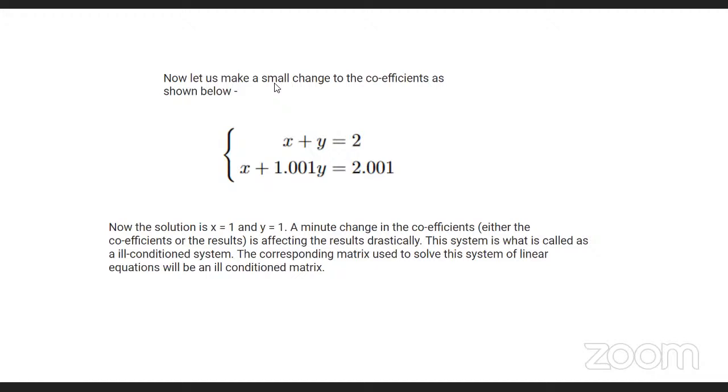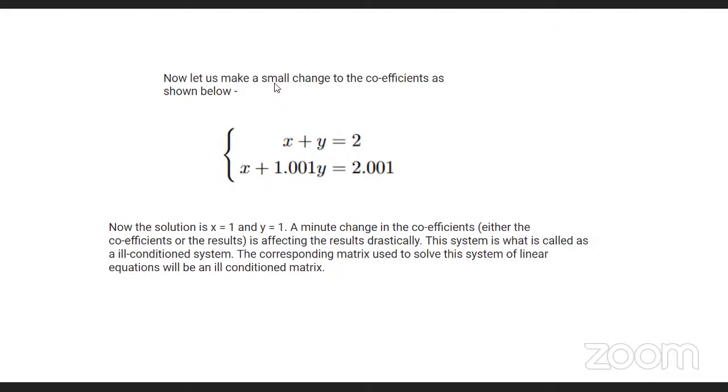That is what we mean by a matrix too. An ill-conditioned matrix is a matrix where a very minute change, for example 0.001 in this case, drastically affects the solution. So the corresponding matrix used to solve the system of linear equations will be an ill-conditioned matrix.